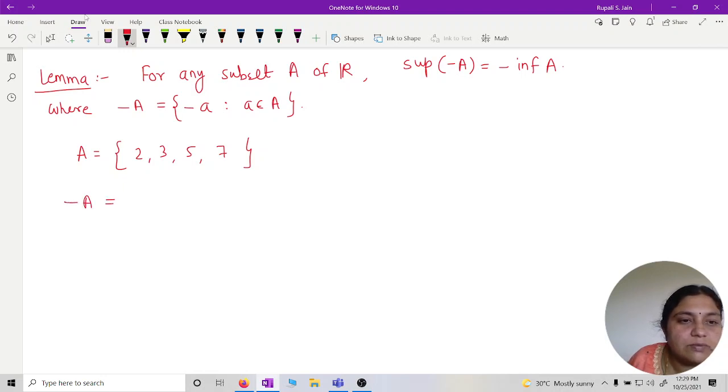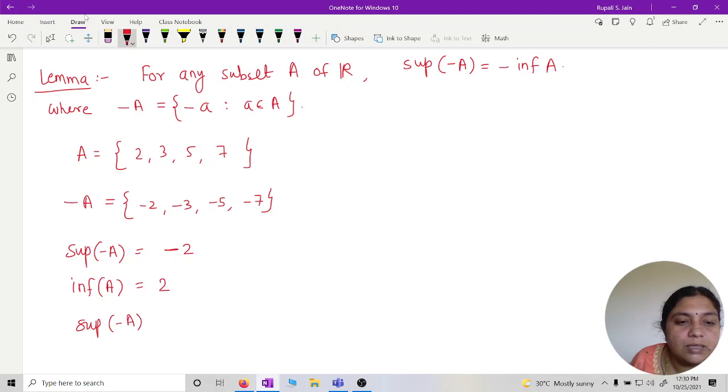First, what is minus A? Minus 2, minus 3, minus 5, minus 7. Now what is the supremum of minus A for this set? Minus 2. And what is the infimum of A? Infimum of A is 2. So the supremum of minus A is nothing but minus the infimum of A.